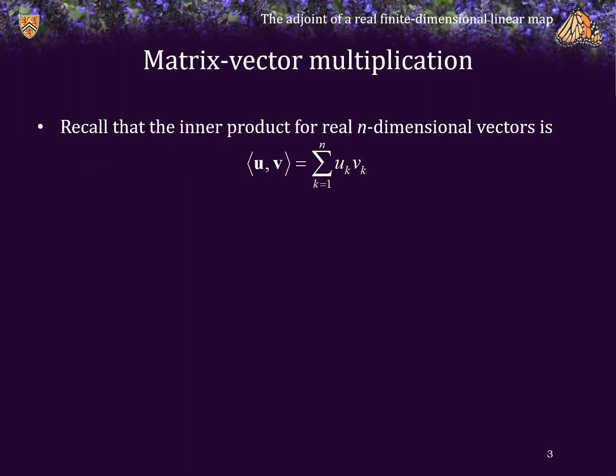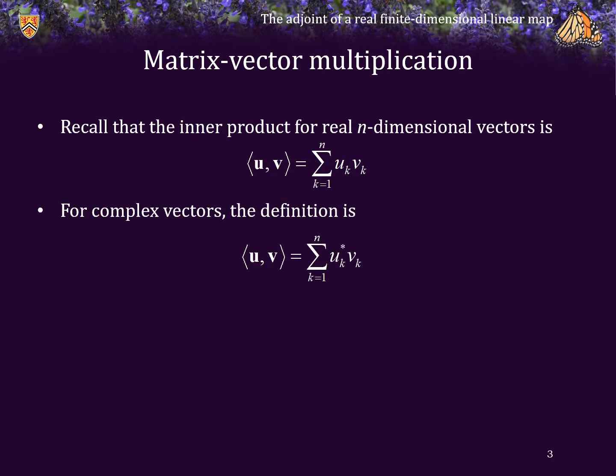Recall that the inner product for real n-dimensional vectors is given by this sum. We are just multiplying the entries of the vectors pairwise and adding the results. If the vectors are complex valued, then to calculate the inner product, we have to take the conjugate of the entry in the first vector and multiply it by the corresponding entry in the second vector and then sum all of those up.